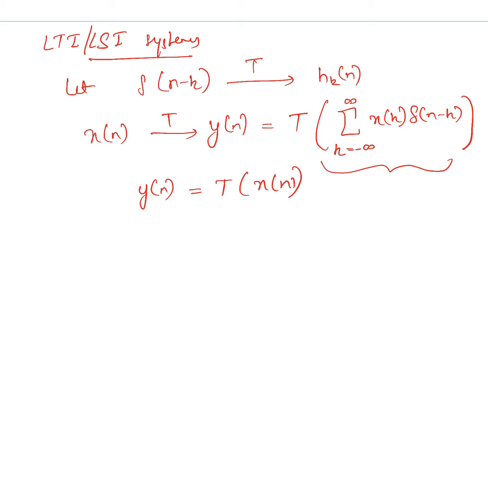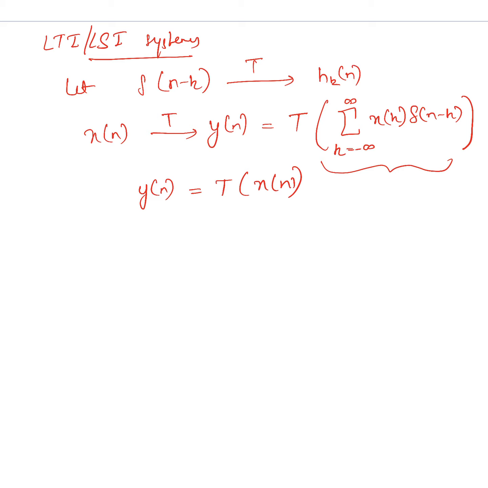But in the last lecture we saw that I can represent any arbitrary signal x of n as the summation of the values at the kth instant, from minus infinity to infinity, multiplied by this impulse signal, which is a shifted sequence. So I just replace x of n by this other representation of the signal x of n in terms of the impulse signal.